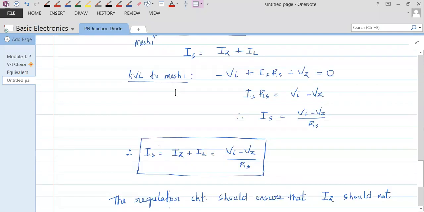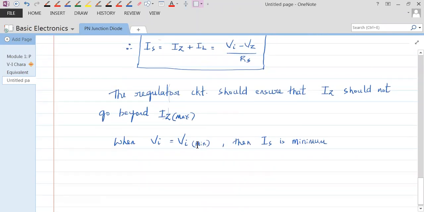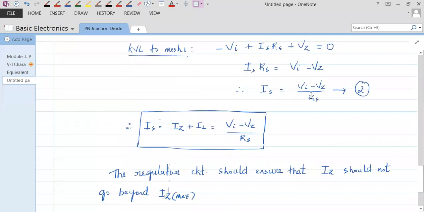Okay, so if you call this as equation number 1 and this as equation number 2, okay, if Vi is Vi minimum, then Is is Is minimum. Okay, so therefore, how does this equation number 2 look like?